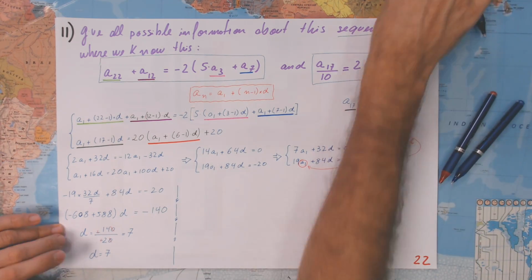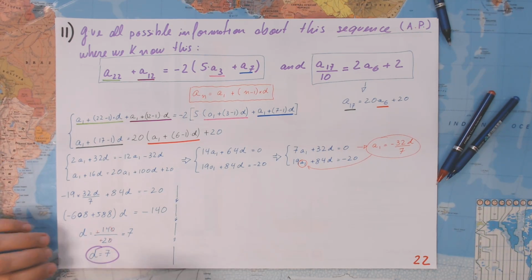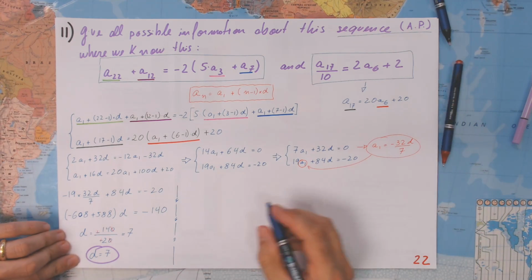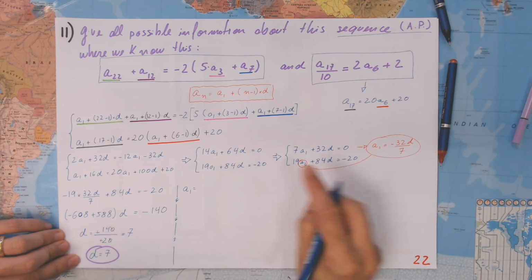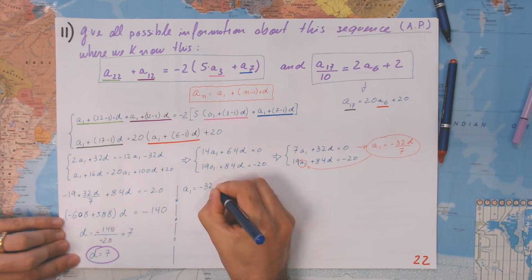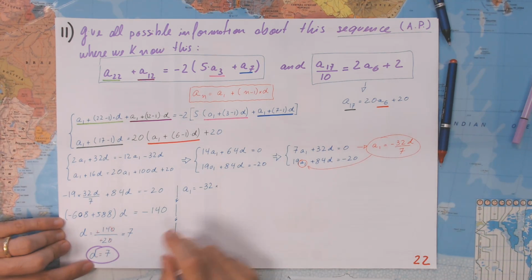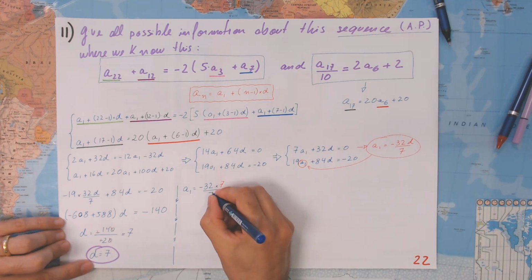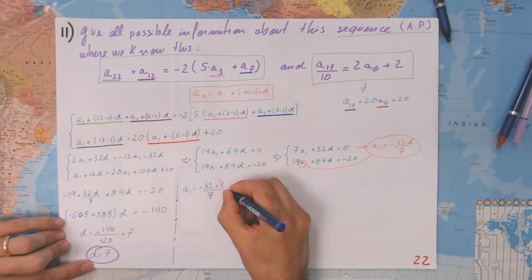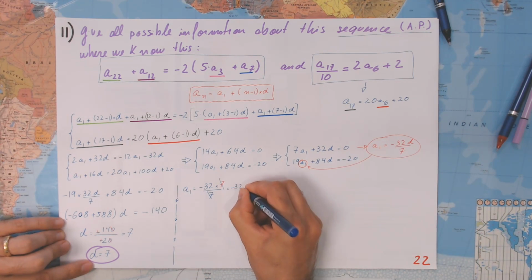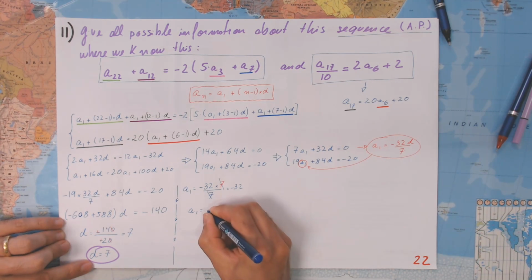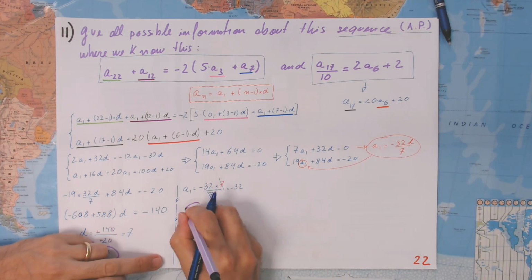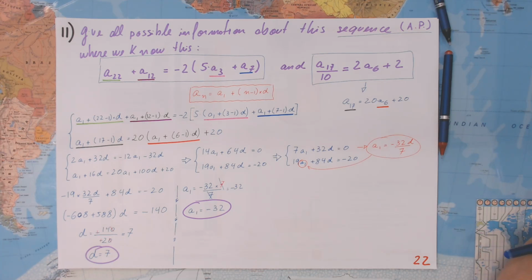This is a very important finding, okay? Now, once we know D, it's pretty easy to get A1, right? Because A1 is going to be minus 32 times D divided by 7. This is going to be minus 32. Therefore, our first term is going to be minus 32. This is also very important for us, okay?